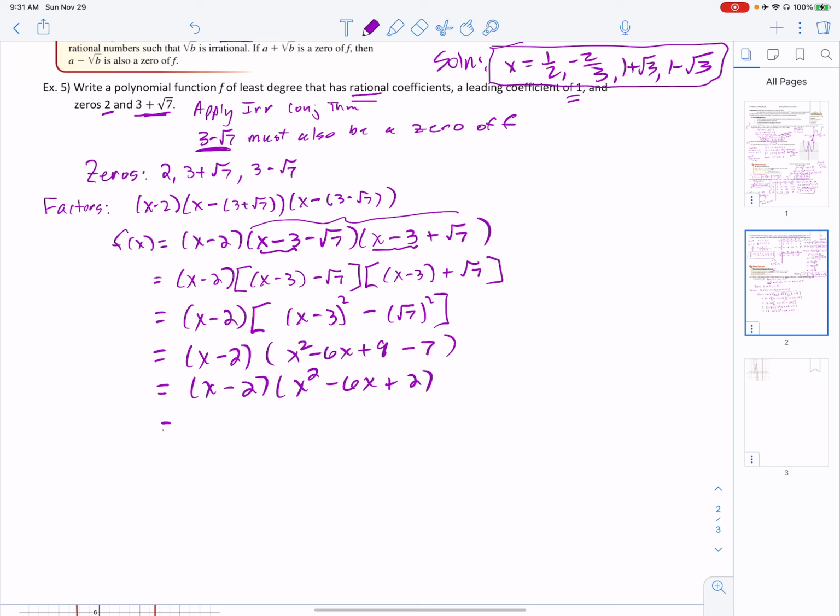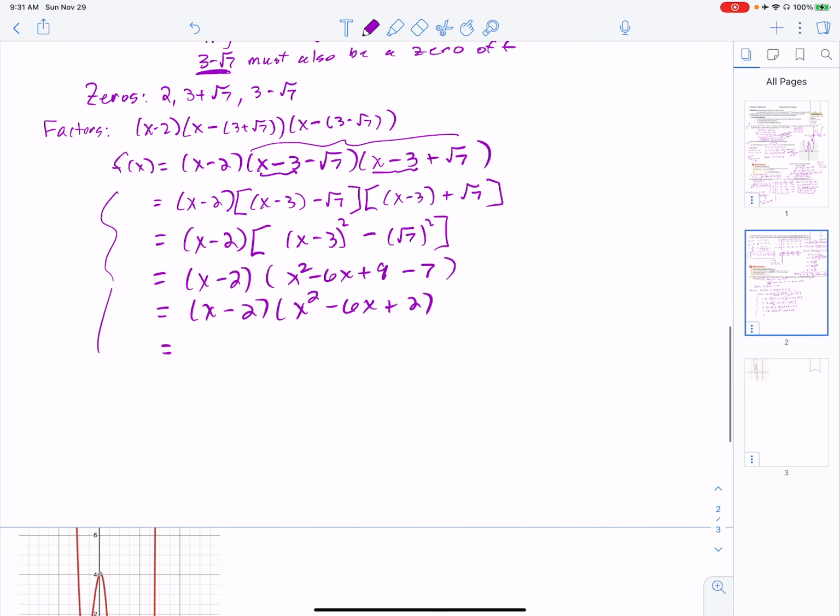Now you need to keep on going. Notice all the way down I'm carrying these equal signs. I started with it being equal to f of x. You need these multiple steps to work. Now I'm going to take x times all three of those, getting an x cubed minus 6x squared plus 2x. And I'm going to take the minus 2 times all three, minus 2x squared plus 12x minus 4, and collect like terms.